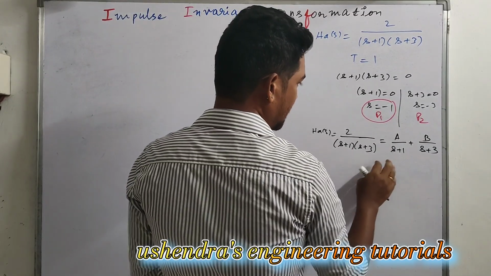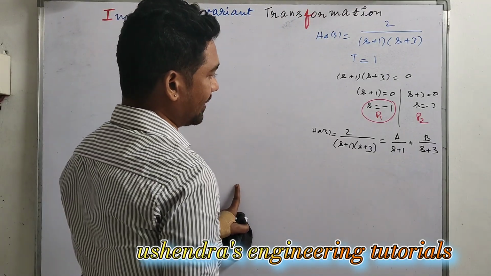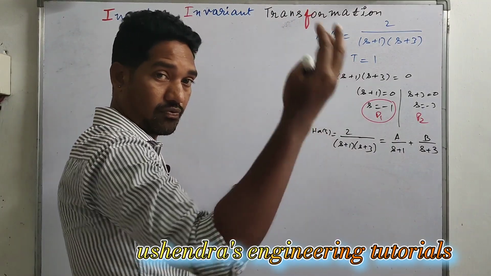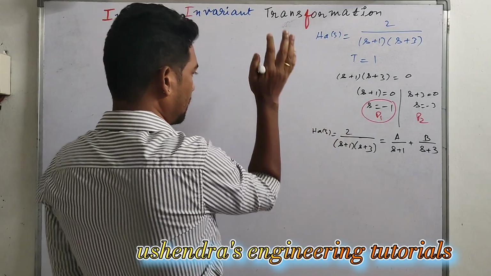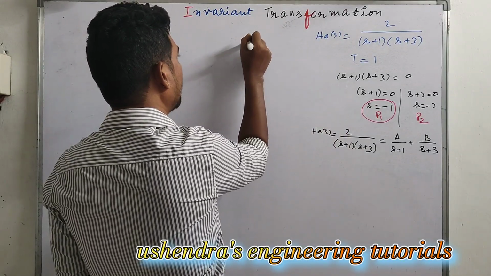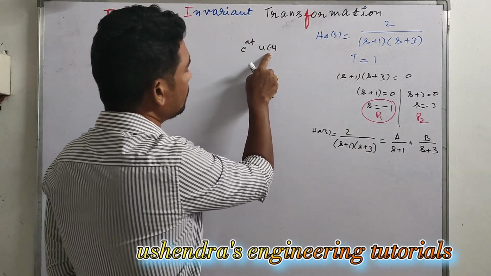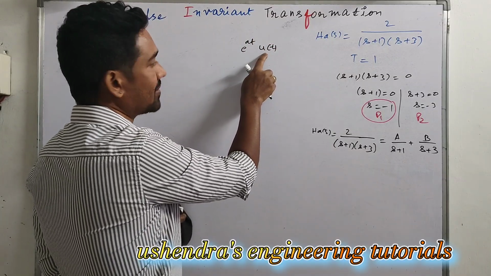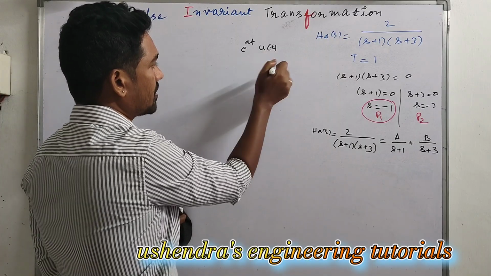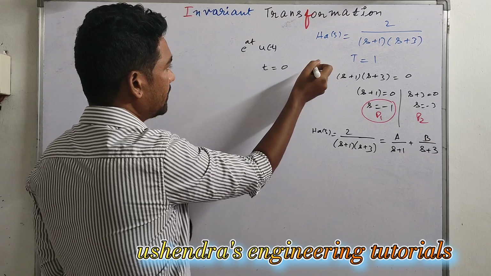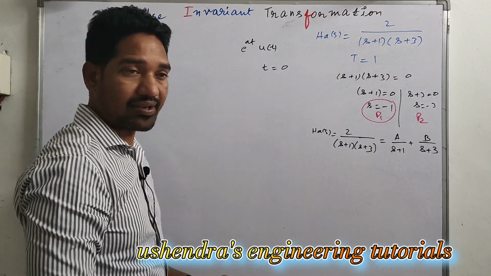And guys, before this, a prerequisite, if you are a beginner and have forgotten the previous derivations: what if we have a factor e raised to at multiplied with u(t)? It's a right-sided signal. Whatever signal is multiplied with u(t), which commences from t equal to 0 to infinity, becomes a right-hand sided signal.